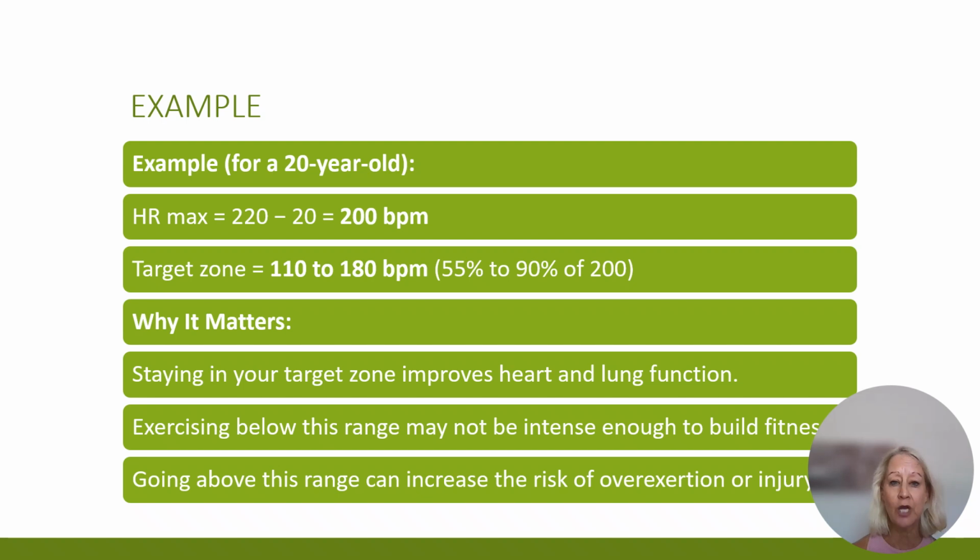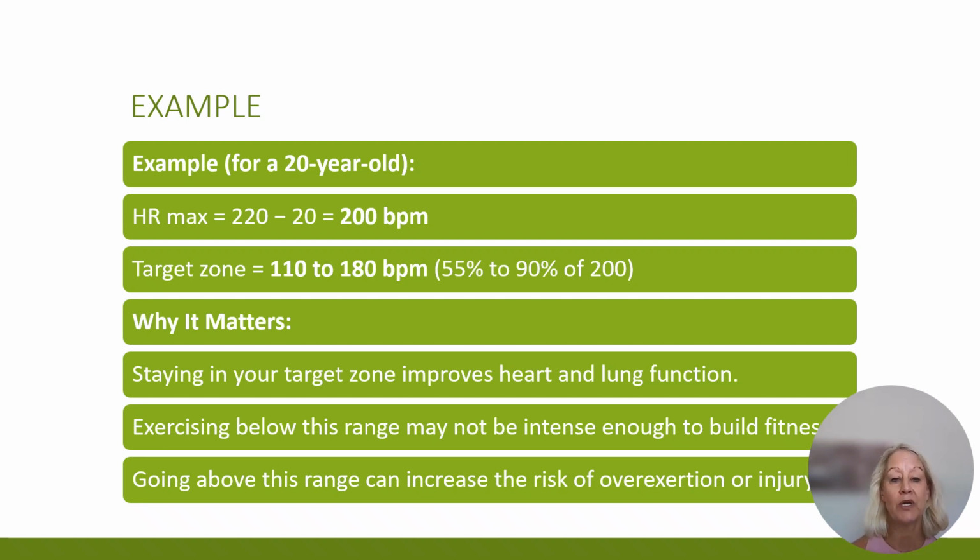That means your target heart rate zone is 110 to 180 beats per minute. It's a big zone. Depending upon what your goals are, if your goal is weight loss, you may want to keep your heart rate in a lower zone so that you go for an extended period of time. But if you're wanting a little bit higher intensity, you may want to set it at 70% versus 55%. So go off of what your goals are.